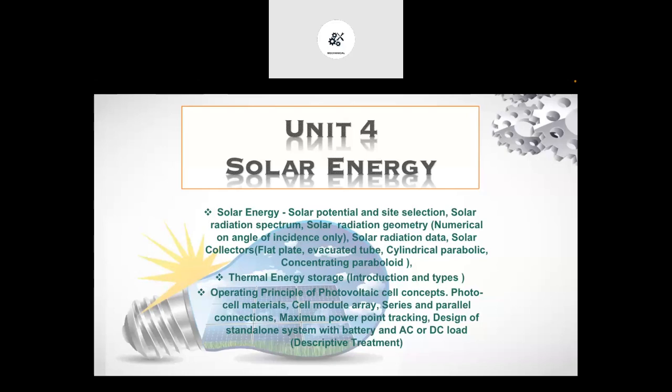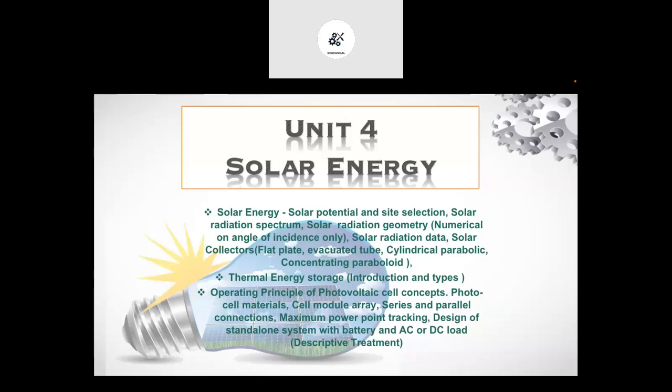Then the solar energy spectrum. Because whenever radiation comes from the sun, that radiation will have rays of all the wavelengths.